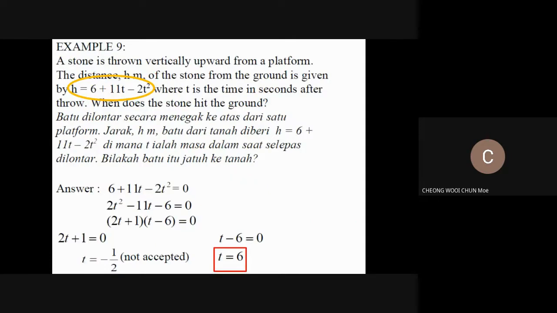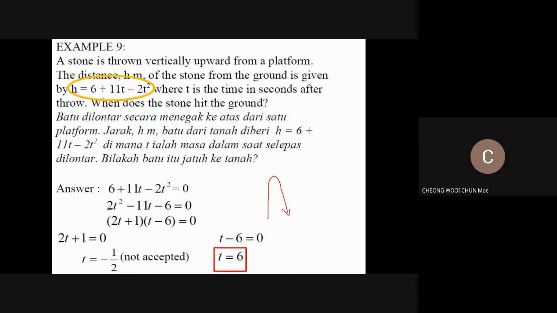So example 9. A stone is thrown vertically from a platform, so the stone is thrown like this, then will drop like this. The distance of the stone from the ground is given by h equals 6 plus 11t minus 2t squared, where t is the time in seconds after the throw.